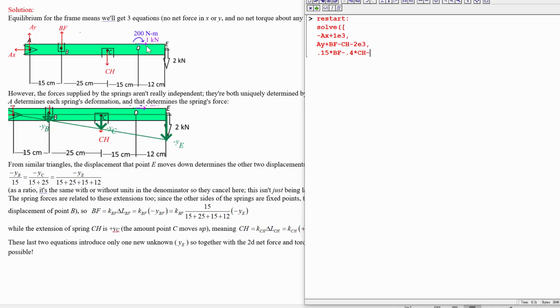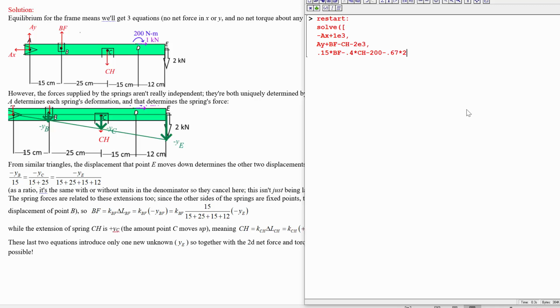But that is producing one that is rotating clockwise, meaning into the page. So that's going to be minus 200. And then similarly, this one will also make it rotate clockwise, minus 2E3 times this whole distance, which is what? 0.4, 0.55, 0.67?